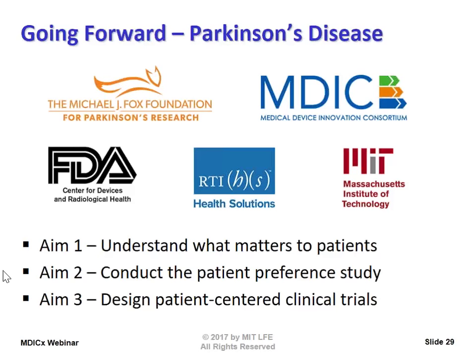So once we reach the agreement, then we can conduct a patient preference study. Even though we don't have the final study estimate in our pocket yet, we can still apply the study result to the clinical trial result when it becomes available.